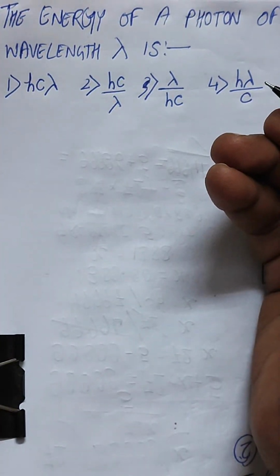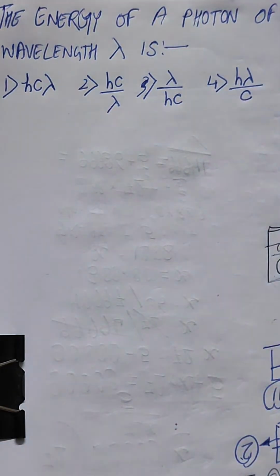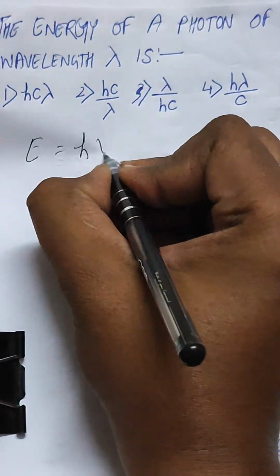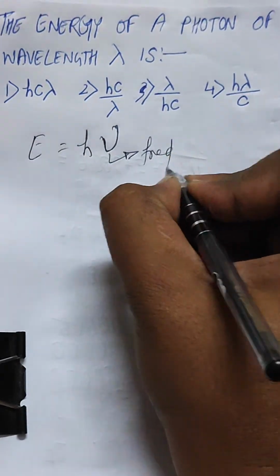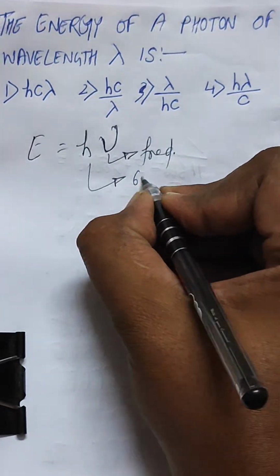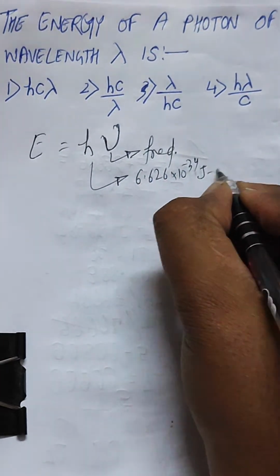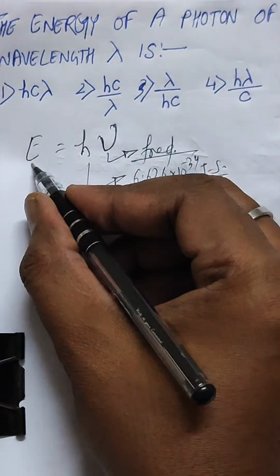You remember Planck's equation, what Max Planck gives us: E is equal to h mu, where mu is the frequency and h is Planck's constant, which is 6.626 into 10 power minus 34 joule second. E is the energy.